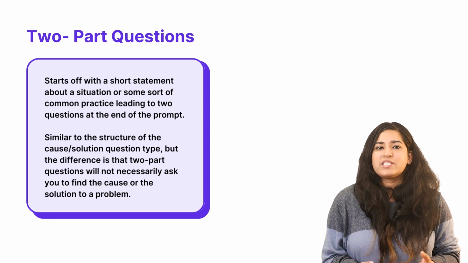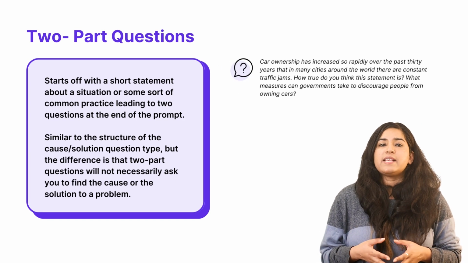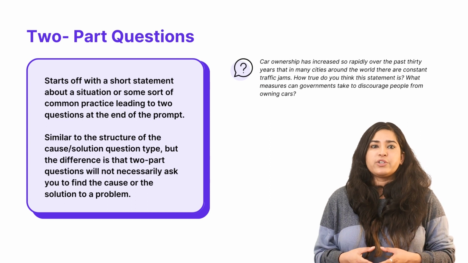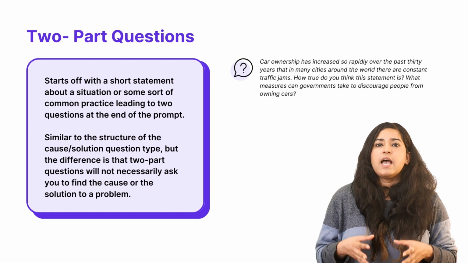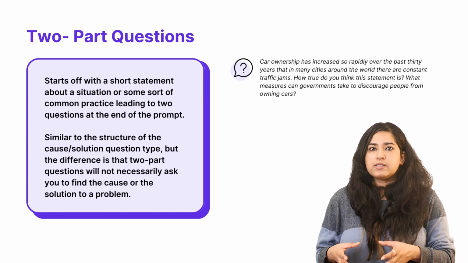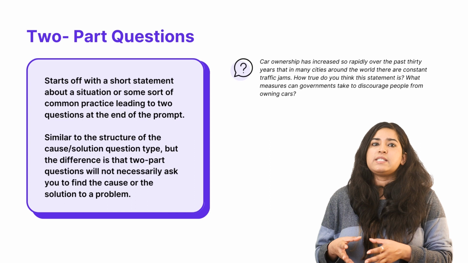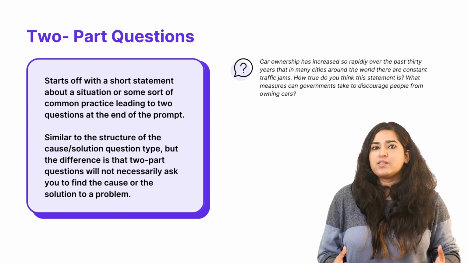And the example of this question type is, car ownership has increased so rapidly over the past 30 years that in many cities around the world, there are constant traffic jams. How true do you think the statement is? What measures can governments take to discourage people from owning cars?